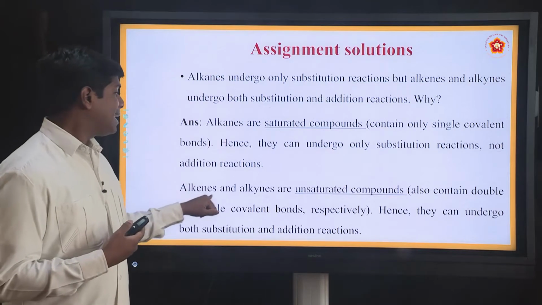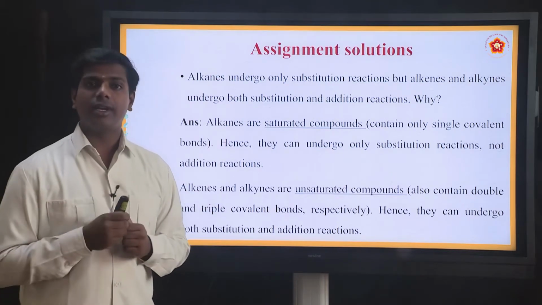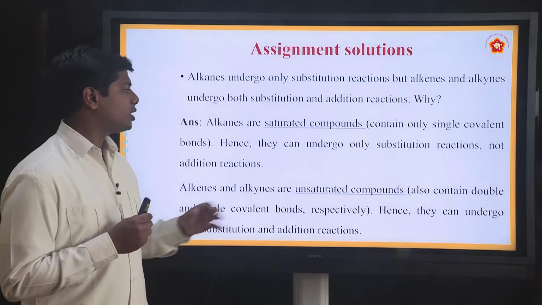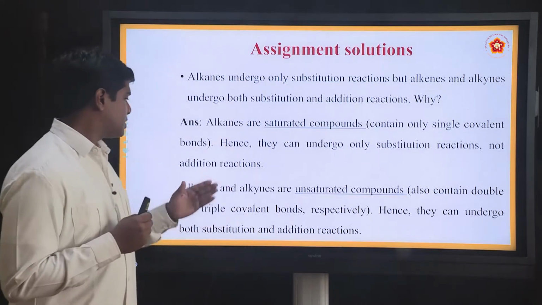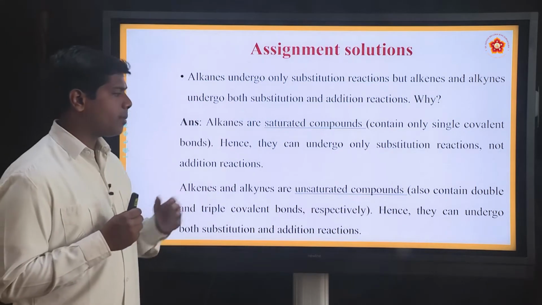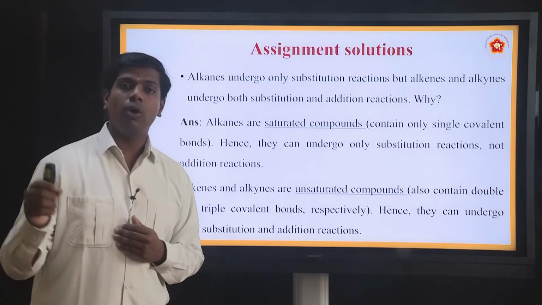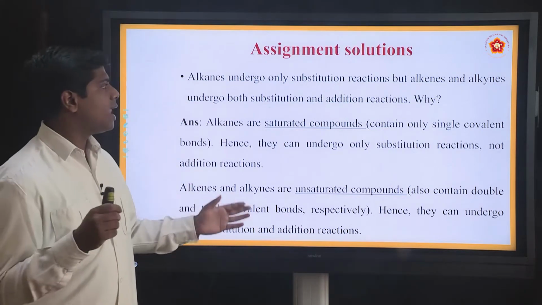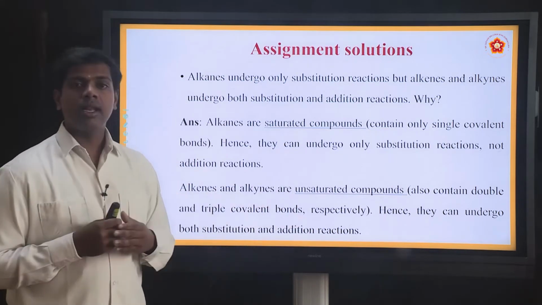Whereas alkenes and alkynes are unsaturated carbon compounds. Unsaturated compounds contain double and triple covalent bonds, hence they undergo both addition as well as substitution reactions.